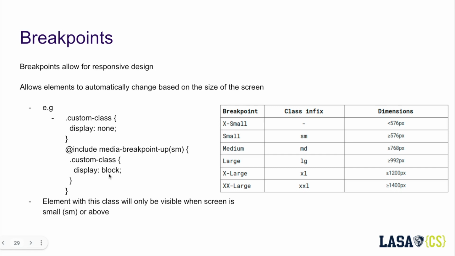So because of this SM tag here, when the screen falls within the dimensions for the small breakpoint, this element will suddenly become visible, and this will continue even as the screen gets bigger and bigger. If the screen is smaller than the small breakpoint, then the element will disappear, and if it's larger than that, then the element will appear and be displayed in a block form.